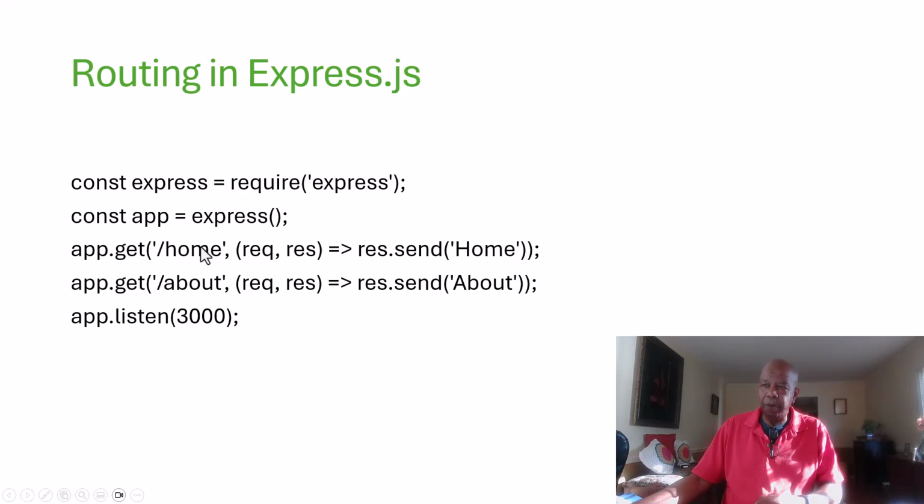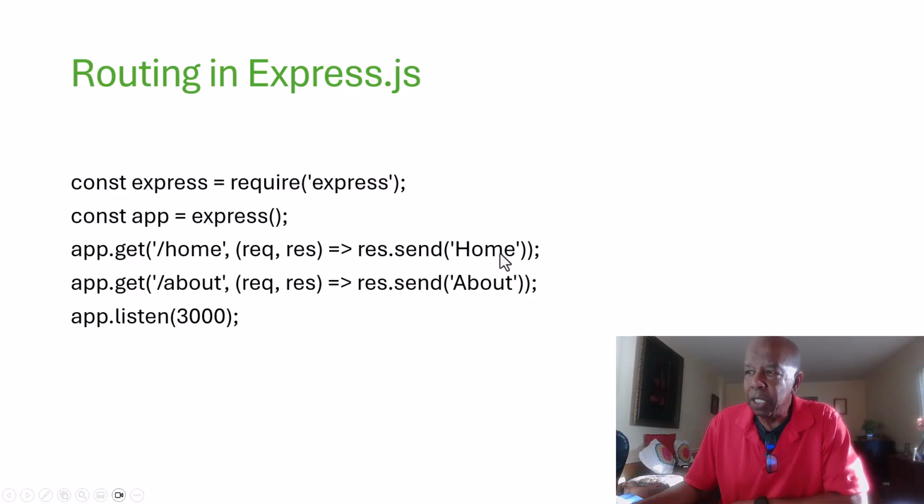Here, app.get: if we ask for the home page, send home. If we ask for the about page, send about. In reality, as we move along and build applications, we'll be building more complex code that does more things than just send the name home and the name about back to us.